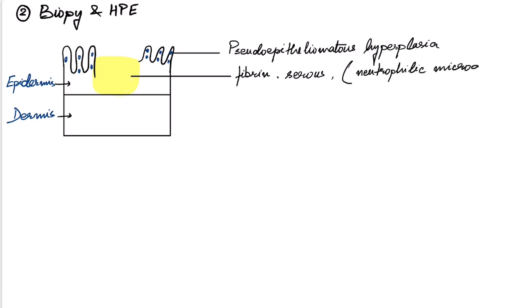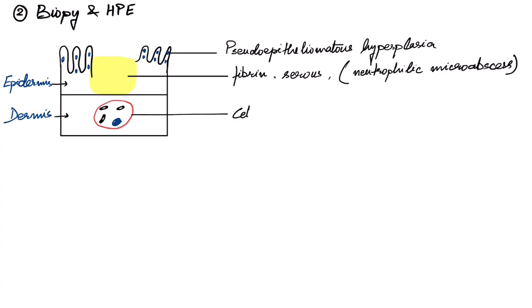Now in the dermis, you will see the characteristic macrophage with the safety pin appearing bacteria. So the cells of Greenblatt with the Donovan bodies.